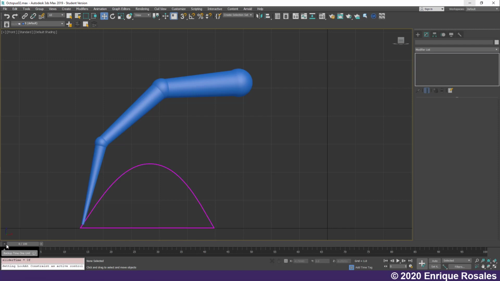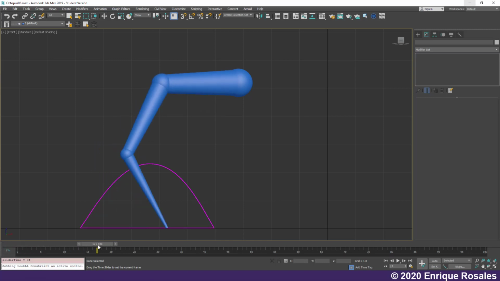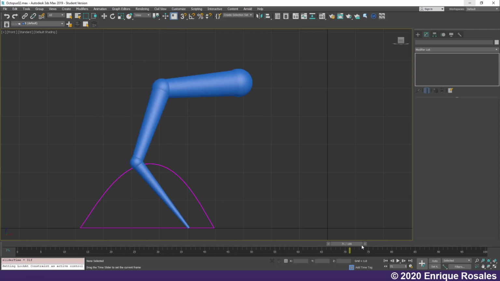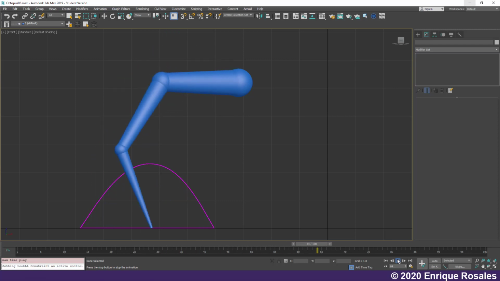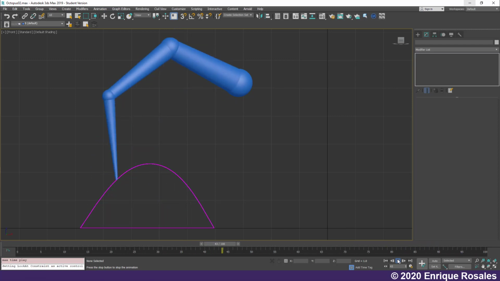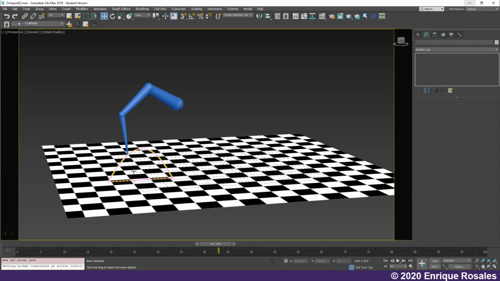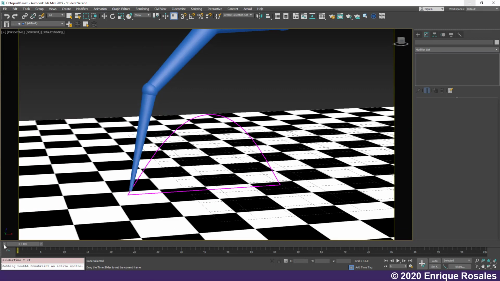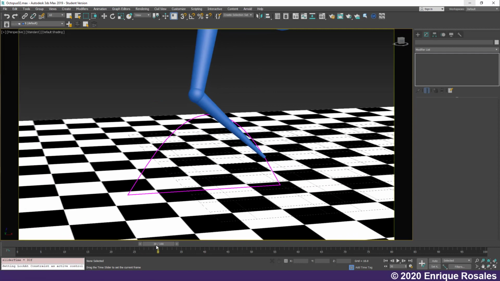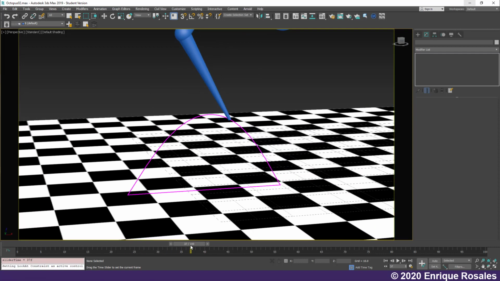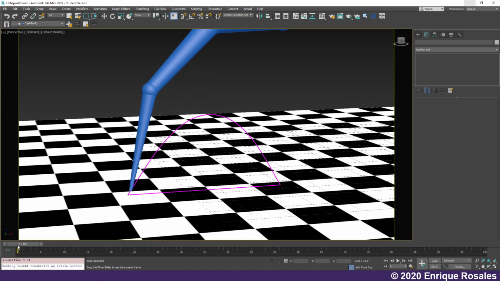So combining a quadratic Bezier curve, which gives you a parabola, with a straight line in which you move your end effector in a straight line at constant speed, you get the effect of a walking motion, right? And the trick also is on the floor, because if I show you the floor, you will see that the floor is moving exactly at the same speed as your end effector is moving on this straight line, right?